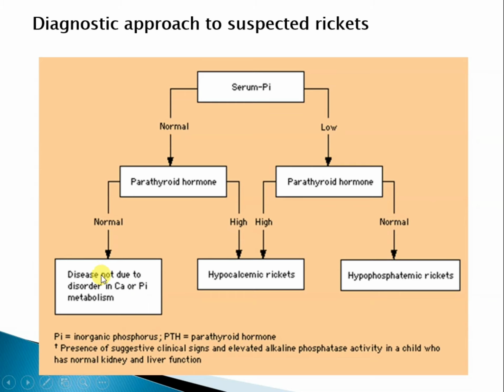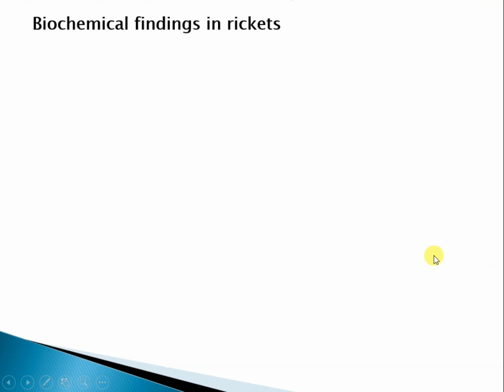If PTH is high, we term it hypocalcemic rickets. If serum phosphorus is low, we check parathyroid hormone again. If it is normal, we say hypophosphatemic rickets, or if it is high, we say hypocalcemic rickets.